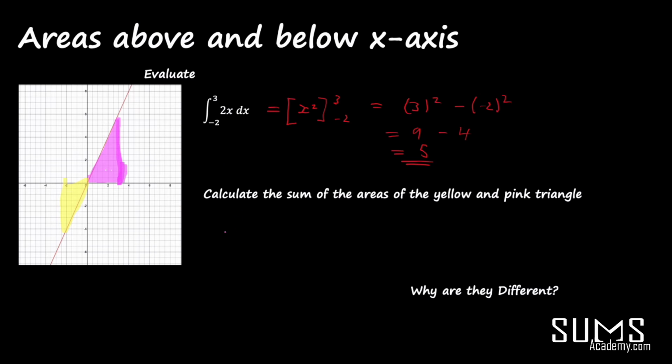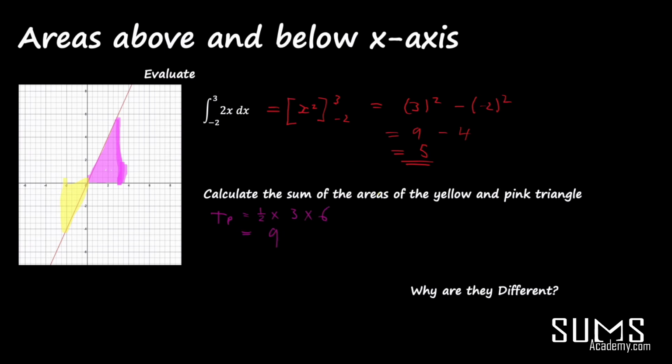So if we take the first one and we just call it triangle pink, it is equal to 1/2 times the length, which will be 3, times the height, which is 6. So that's equal to 9.